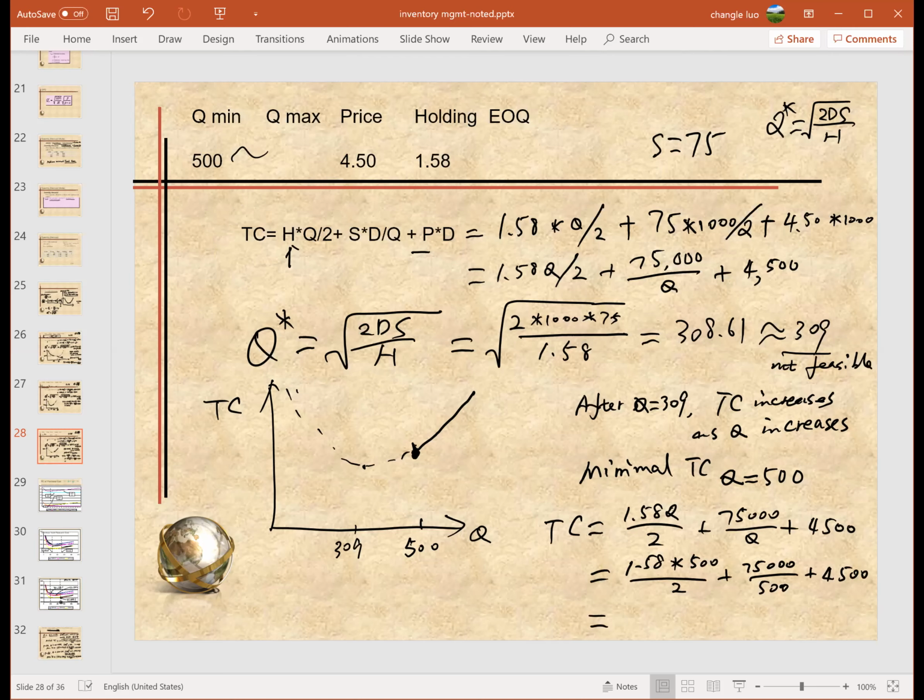And if we finish the calculation here, we find that when Q equals to 500, it gives us the minimal total cost for the large quantity discount scenario here. And our total cost equals to roughly 4,651 when Q equals to 500.